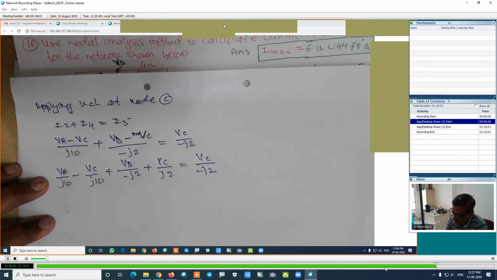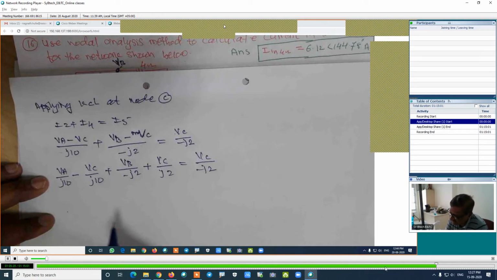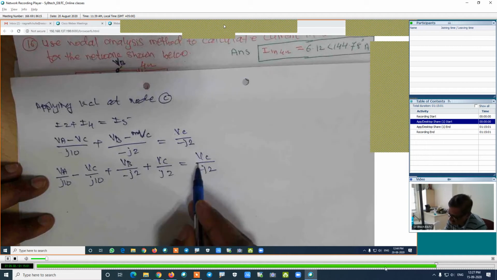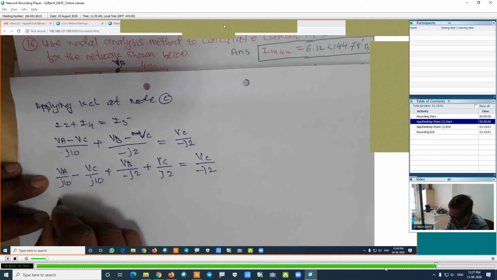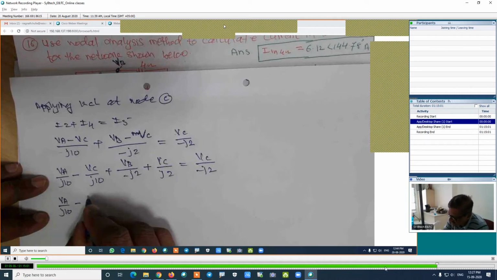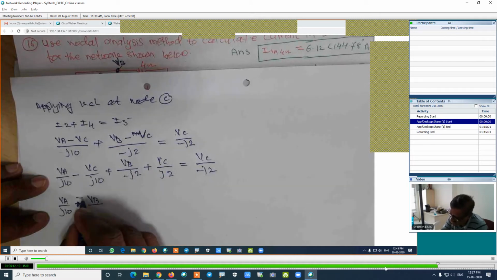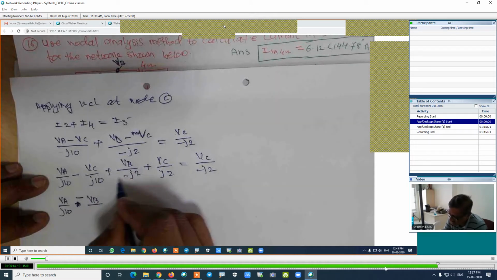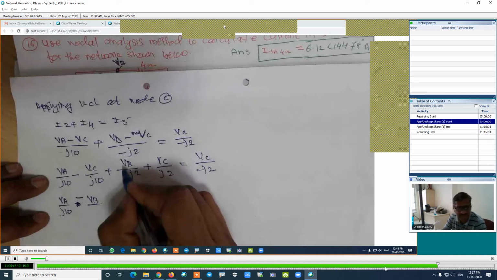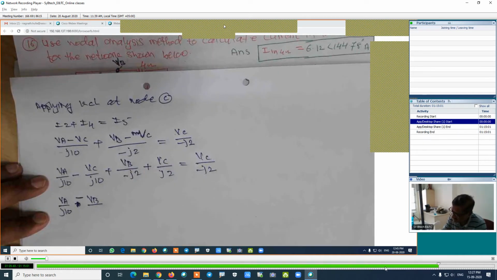So here in this case, if we are using this calculation, this VC we will shift on the left hand side. In that case, it is VA divided by j10 minus this VB divided by this plus. Otherwise this minus, I will use this minus because this minus into plus will be the minus. Minus numerator हो, denominator में उतना फर्क नहीं पड़ता है. That value is the same.